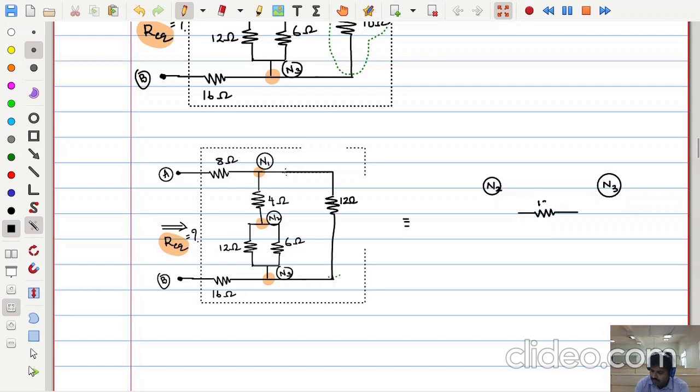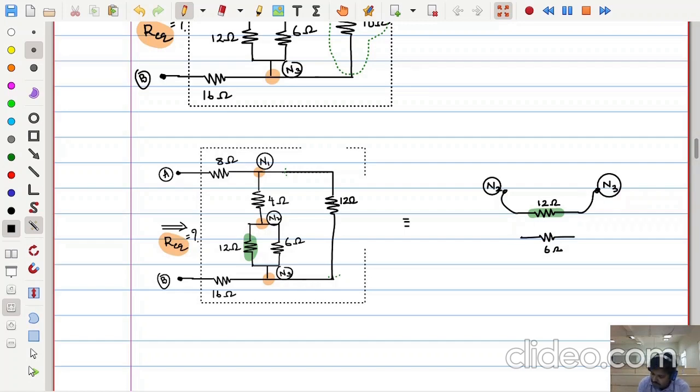One is 12 ohm, other is 6 ohm. Where are these two elements connected? Where is the 12 ohm connected? This one. Two 12 ohms are there, this green color one is the corresponding one. Where is the 12 ohm connected? One side is N2, other side is N3.